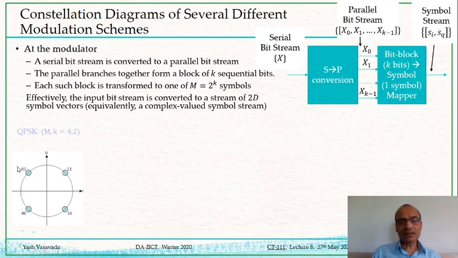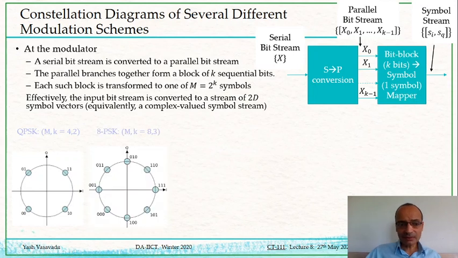So this would be an example scheme for QPSK. We have already seen this earlier. This is for 8 PSK, and this labeling here shows which of the 8 possible bit sequences get mapped to which symbol out of these 8 symbols.